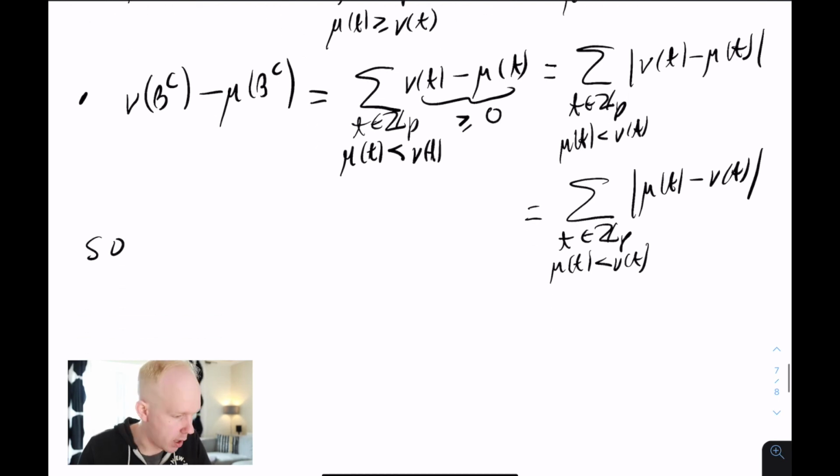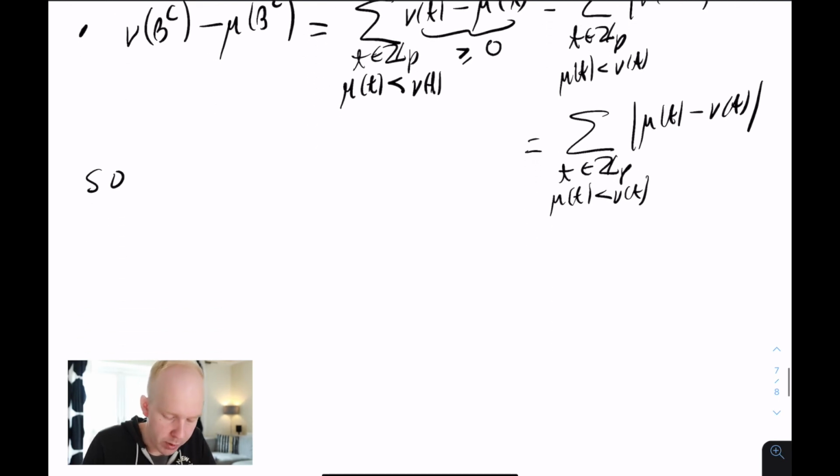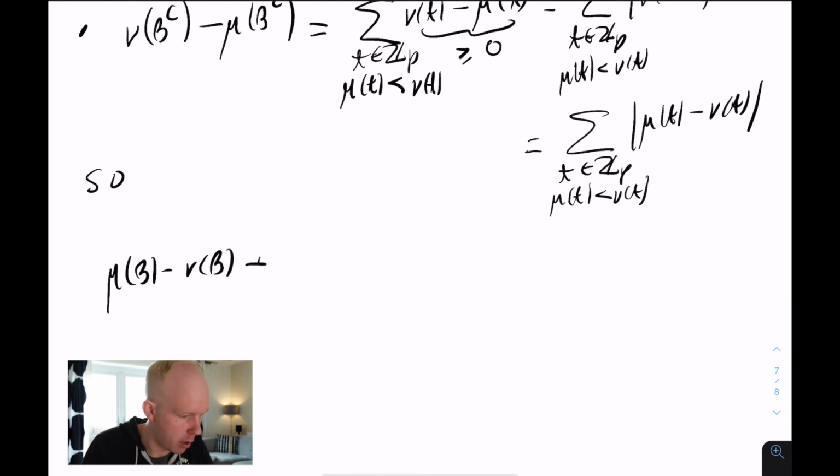So if we combine this, we obtain that μ(B) minus ν(B) plus ν(B^c) minus μ(B^c) is equal to the sum of these two.